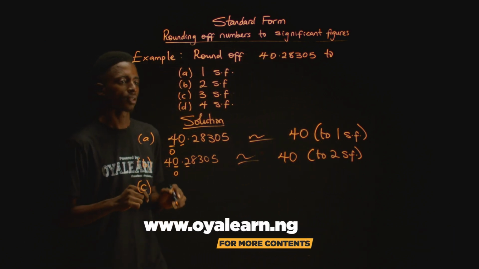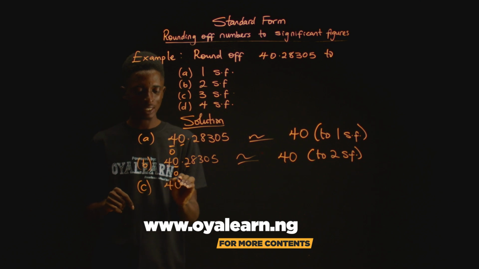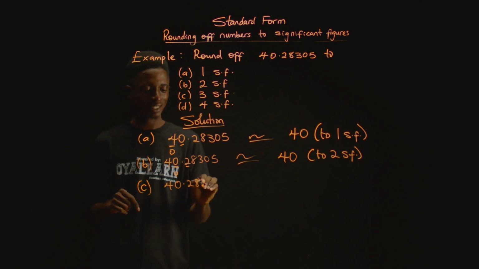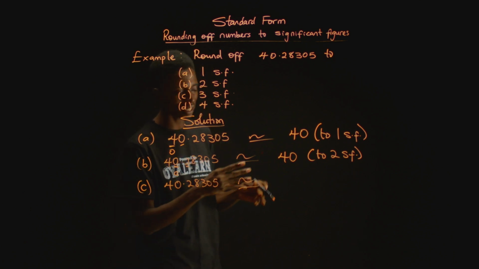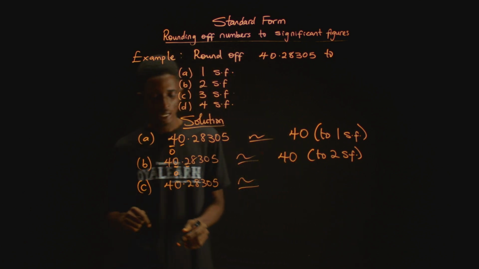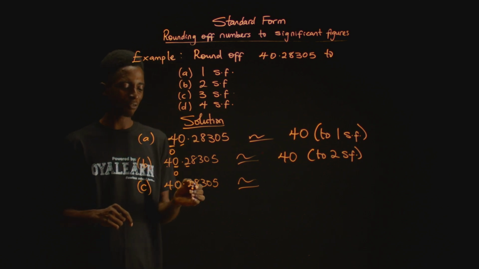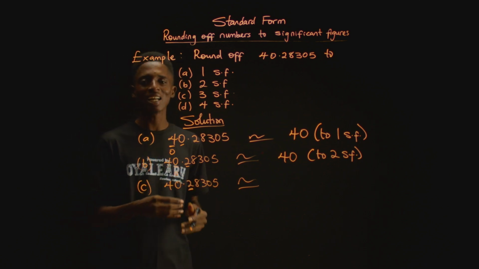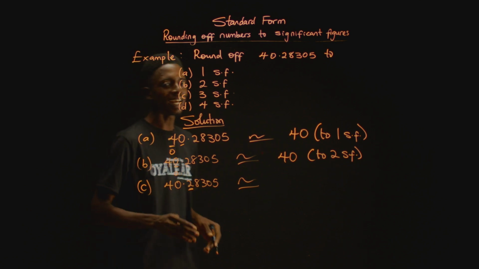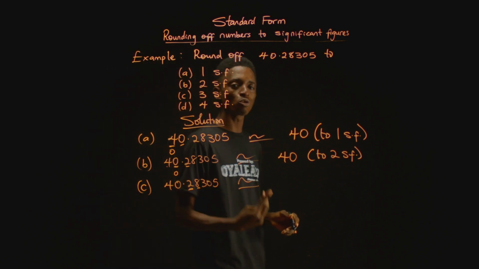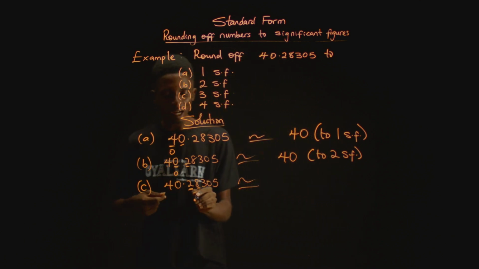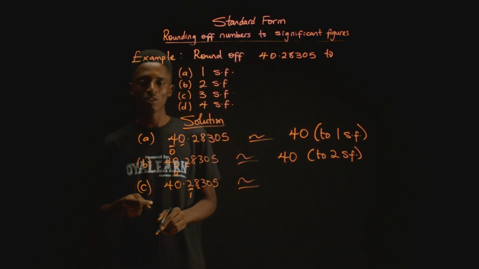Now to C. Still working with 40.28305, but this time rounding off to 3 significant figures. Now, when we look at this, we identify 2 as the digit in our rounding off point. Then the next digit to 2 is digit 8, which implies that we are going to round up. And by rounding up, we're going to add 1 to the rounding off point.